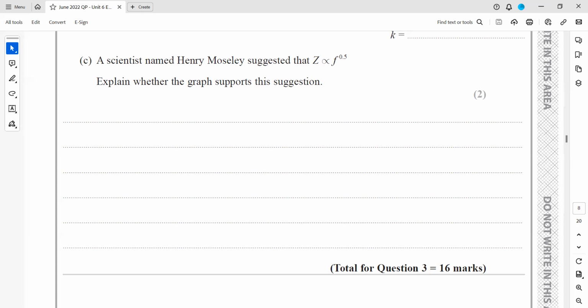If two quantities are directly proportional, their ratio will be constant. So what you have to do, you have all the values.